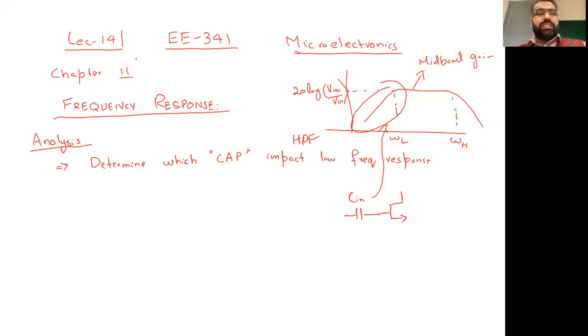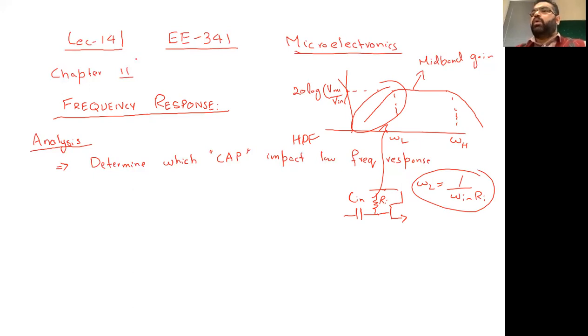So the input capacitance is ultimately going to form an RC corner. If you recall, that corner value involved the resistance Ri here. So omega L was equal to 1 over Cin times Ri, that we have seen in the last lecture.